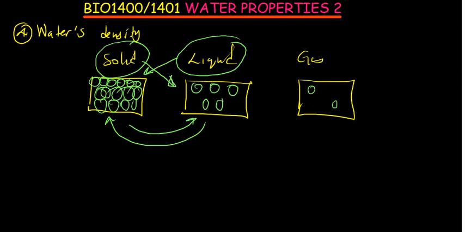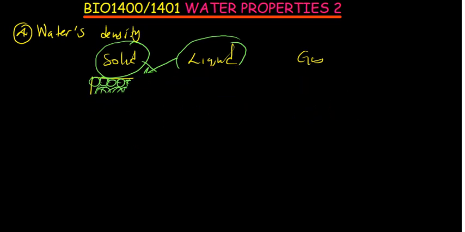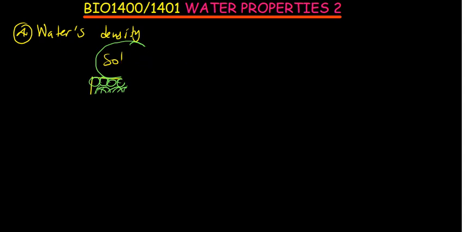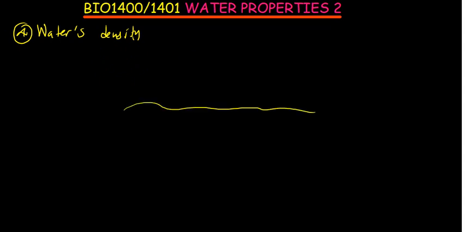That is because the density of ice is smaller than the density of liquid water. So we are going to find that the water that is at 4 degrees Celsius is at the very bottom of the river. And then you have 3 degrees Celsius, 2 degrees Celsius, 1 degree Celsius, and then 0 degrees, that is ice. So ice is at the very top of the water.